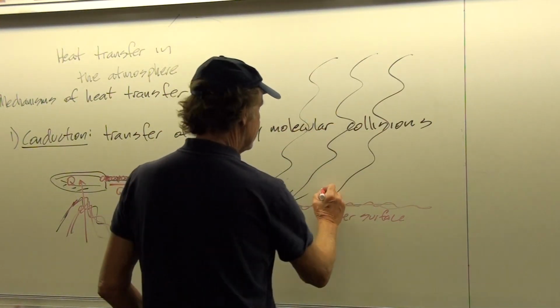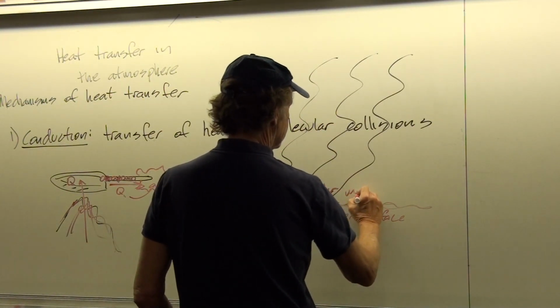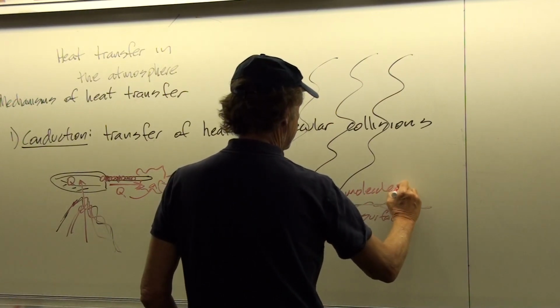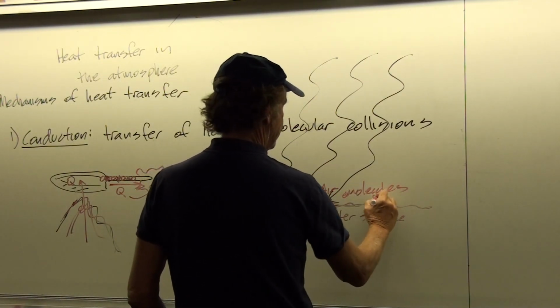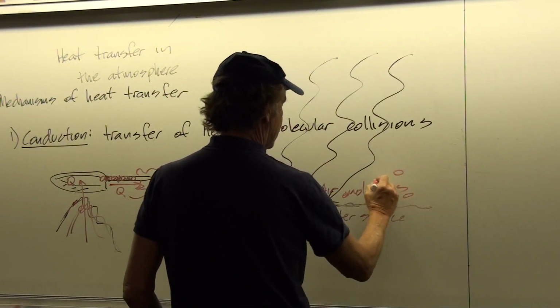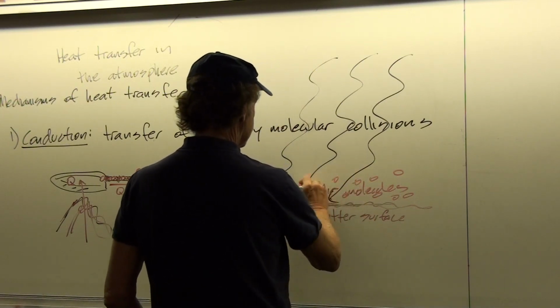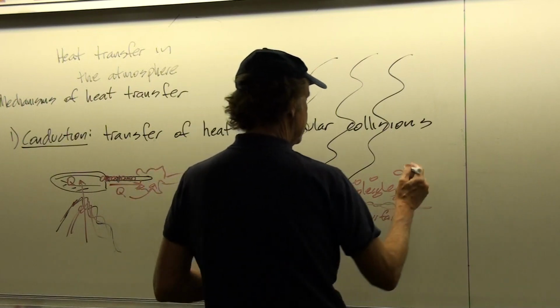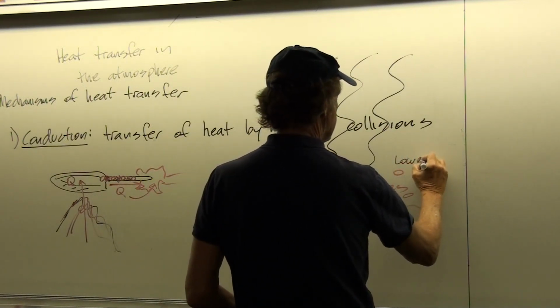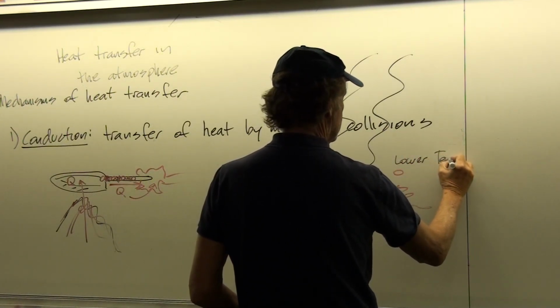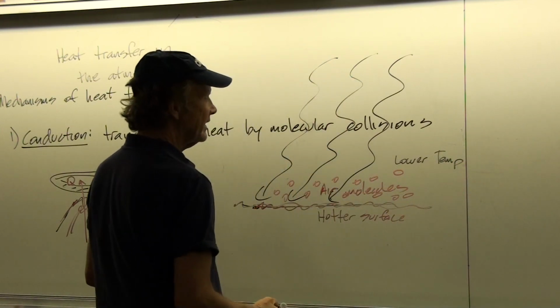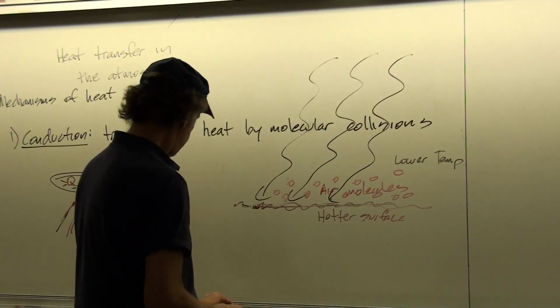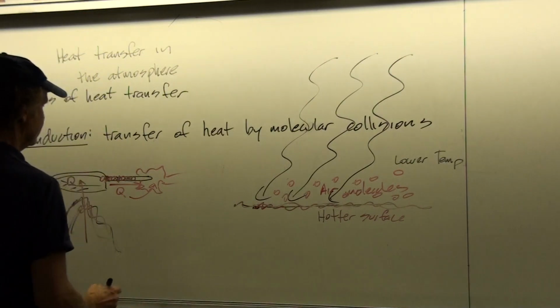Okay, so here we have the air molecules above this hotter surface. And the temperature of these air molecules is less. So they have a lower temperature here. So basically then, heat is going to flow from high temperature to low temperature, just like with your hand.